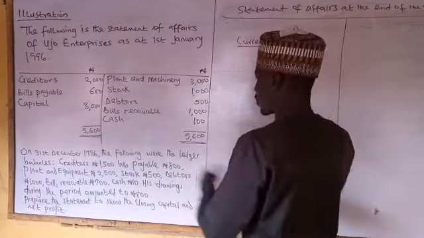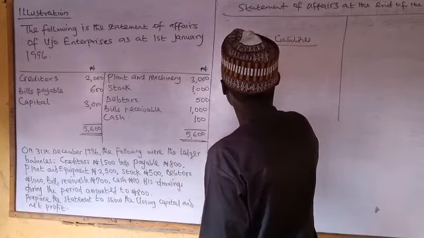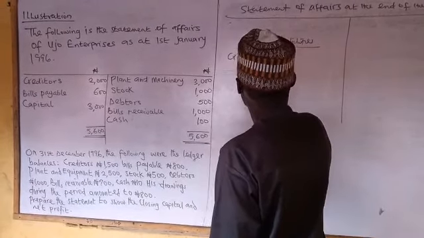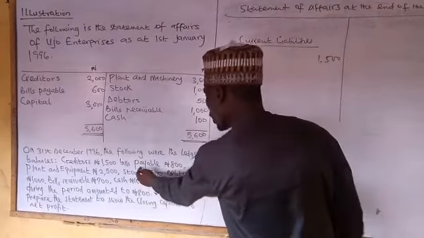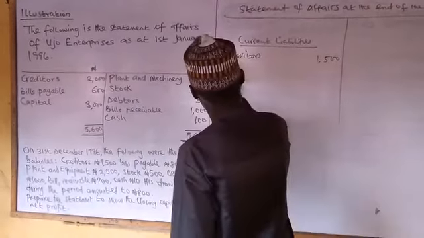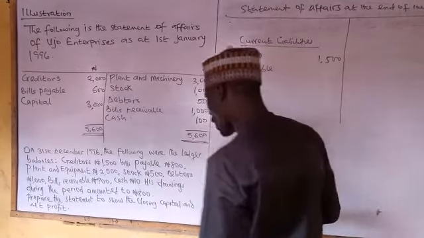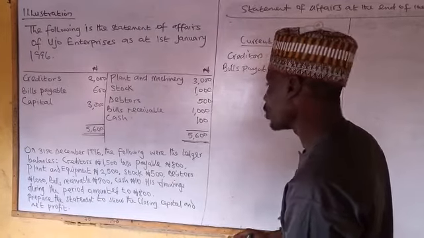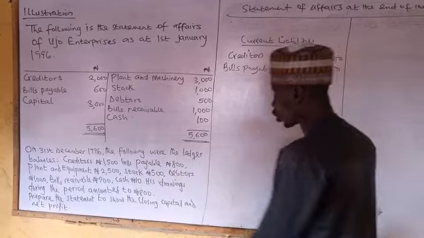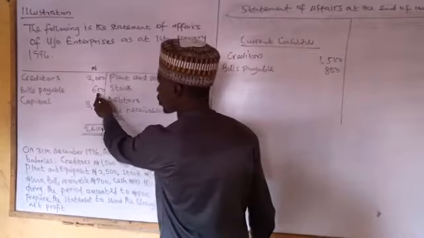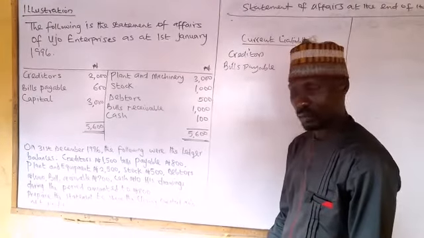Our creditors figure here is 1,500. Bills payable 800, which means the bills payable has increased by 200 naira, because initially it was 600 naira. Are you with me?